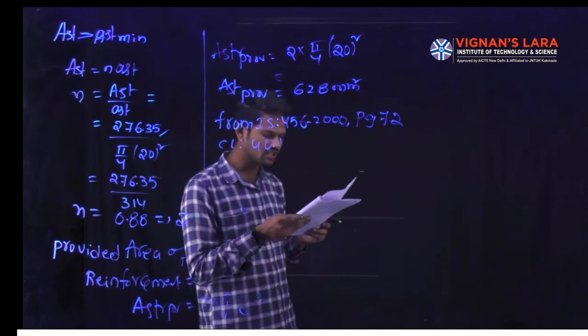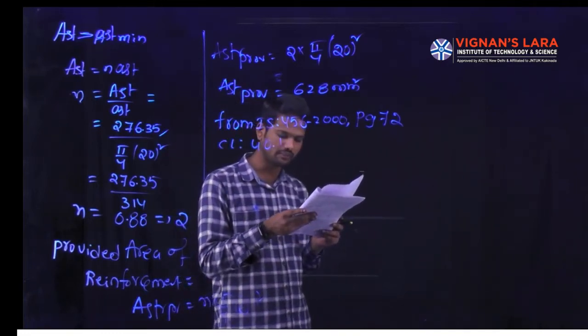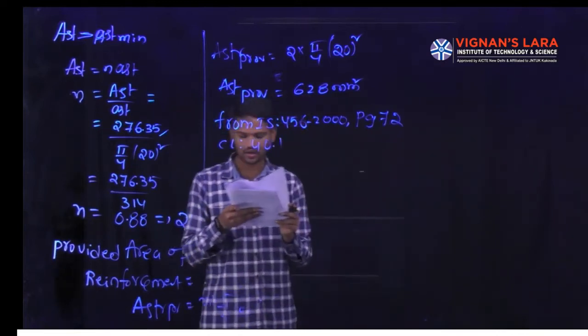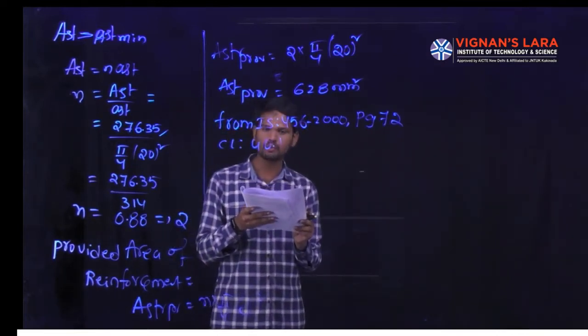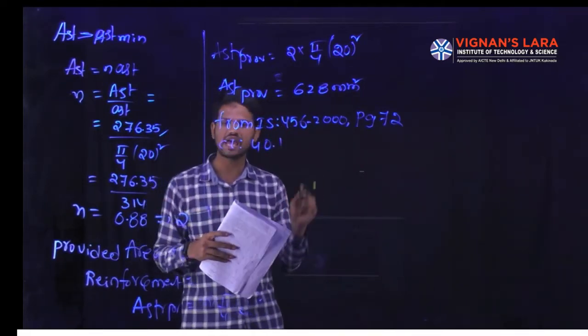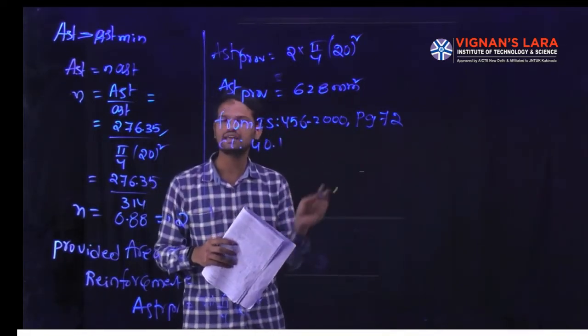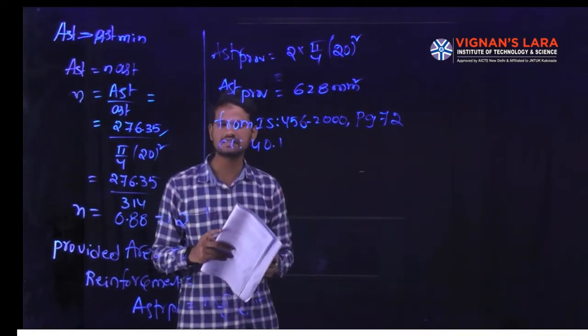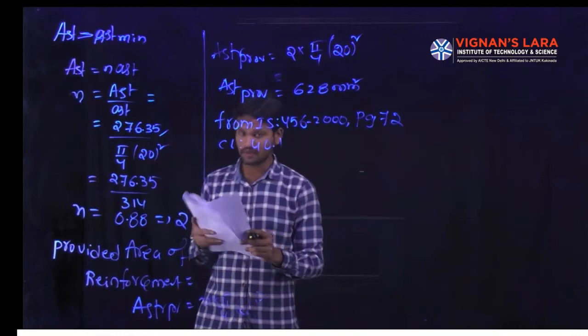The nominal shear stress in a beam of uniform depth shall be obtained by the following equation, where tau v equals Vu by B into d, where Vu is the shear force acting on the beam, which we already calculated. B is the width of the beam and small d is the effective depth of the beam.